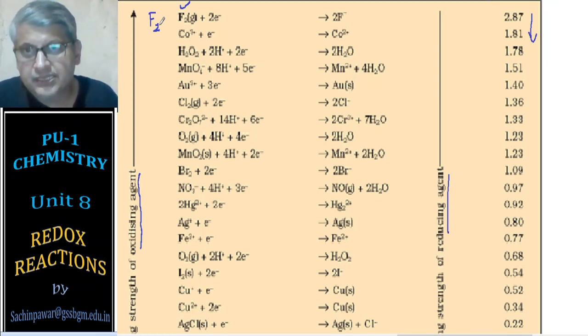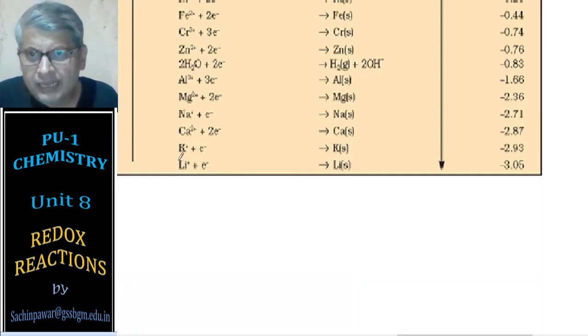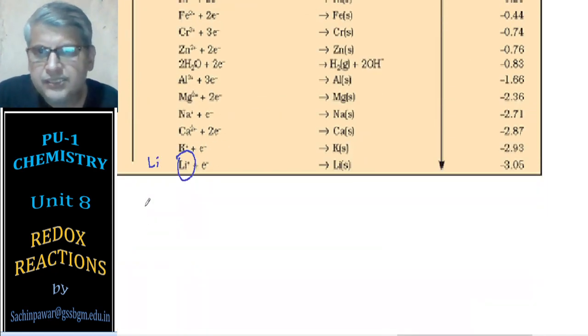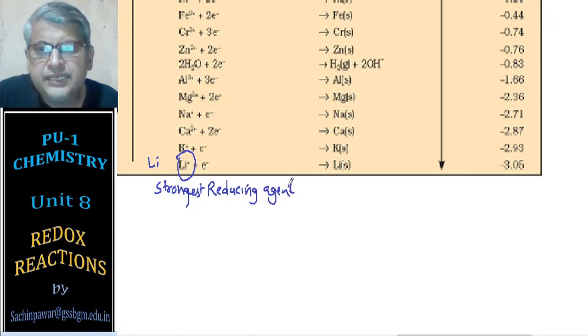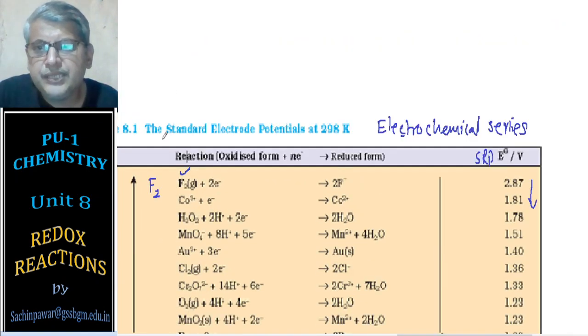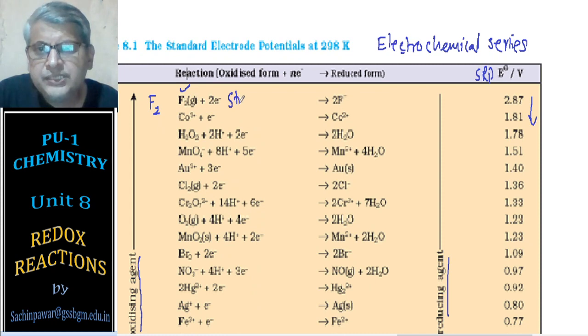Oxidizing agent, as I have already told you, the one which loses electrons in the reaction. So fluorine has the greatest tendency to lose electrons, whereas in the chart lithium metal is the strongest reducing agent. In this particular series, lithium is the strongest reducing agent and fluorine is the strongest oxidizing agent.